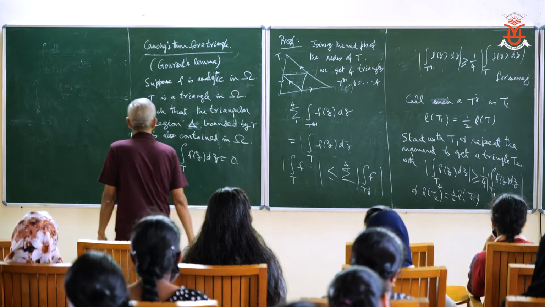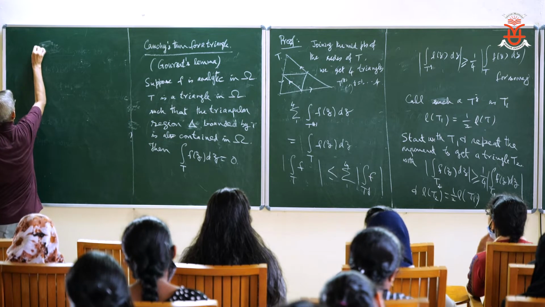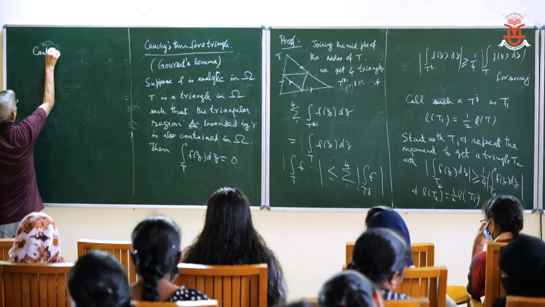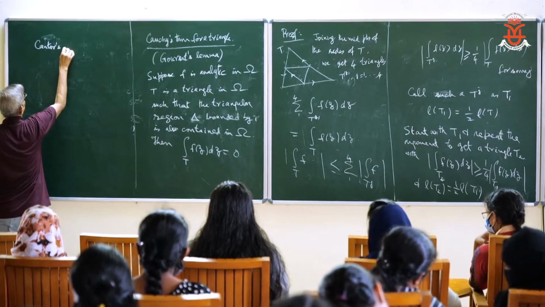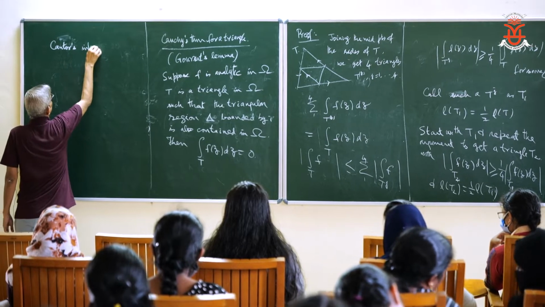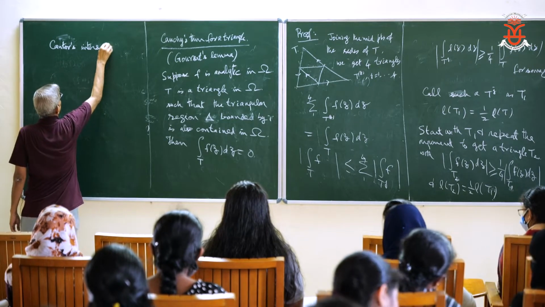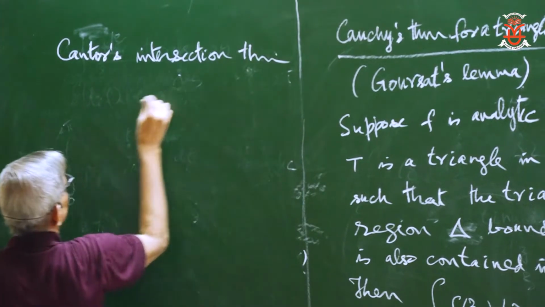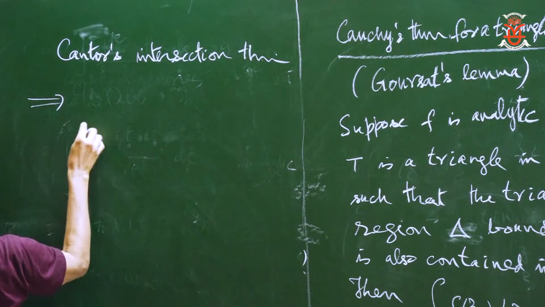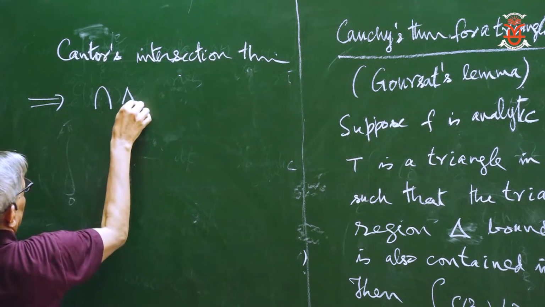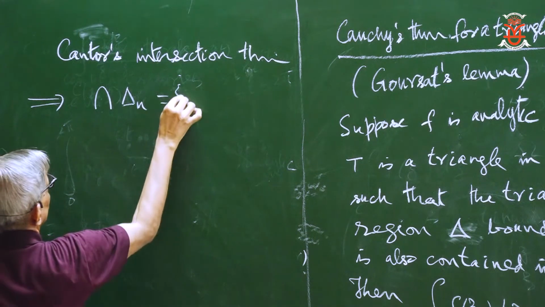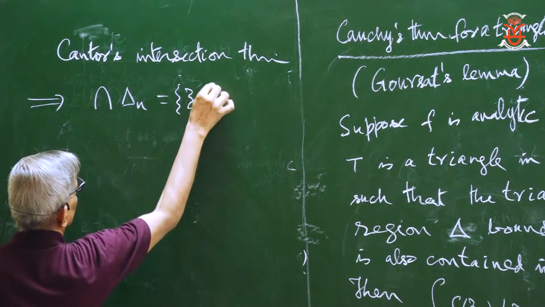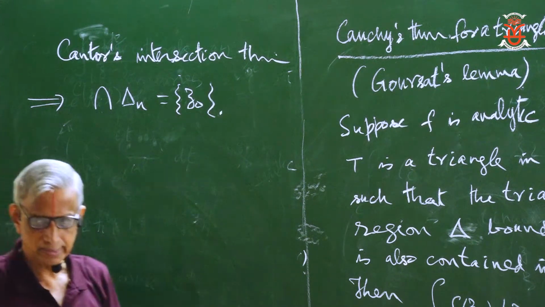So by Cantor, you get a single point Z0, let's say.